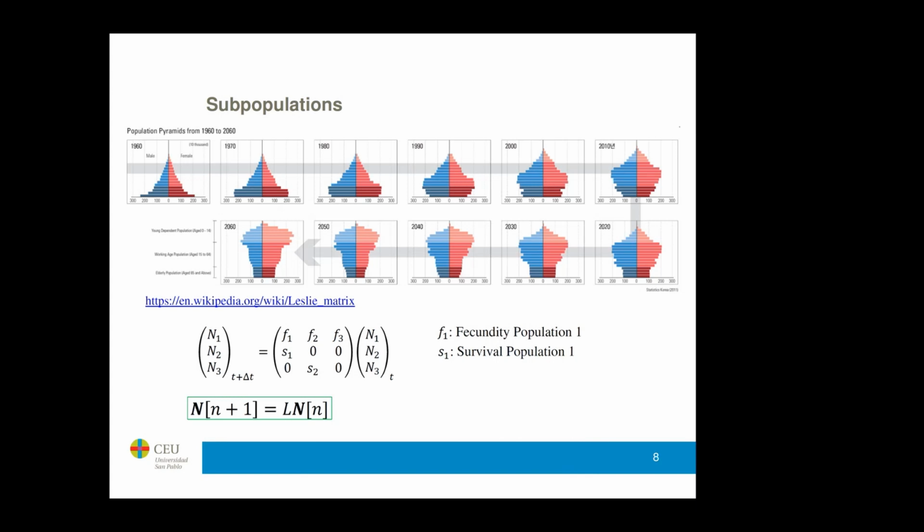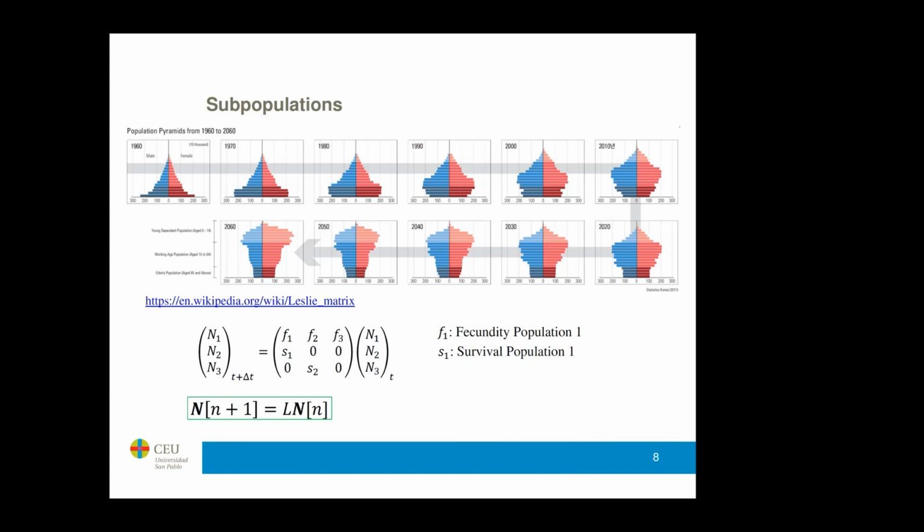You may set each one of these to 0, depending on whether it makes sense that they give rise to the younger population or not. And then you have a survival rate. So this survival rate: N2 is S1 times N1. That is, from time n to time n+1, the S1 fraction of these will go to N2.